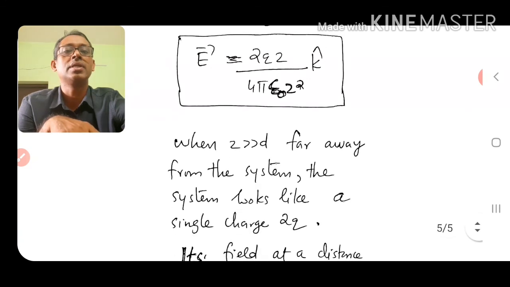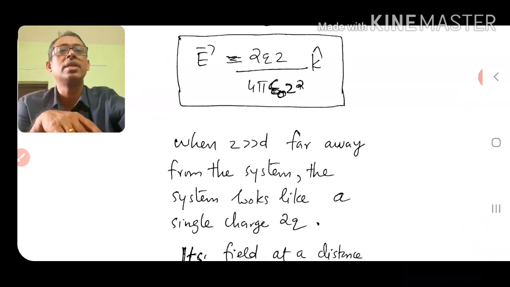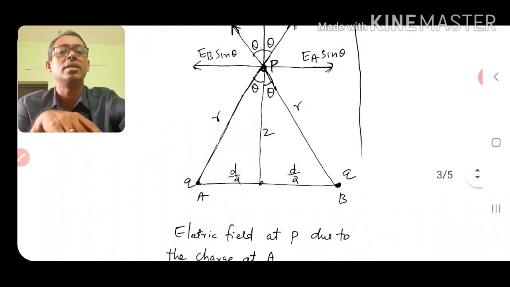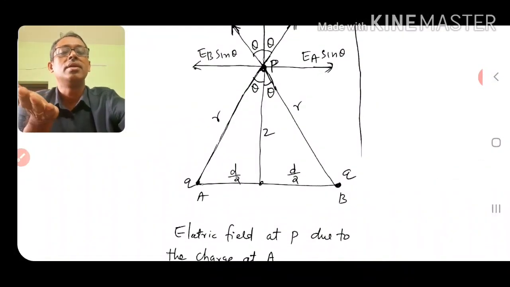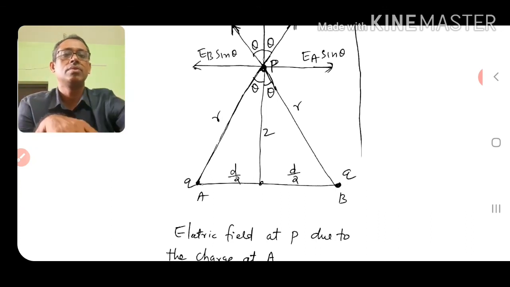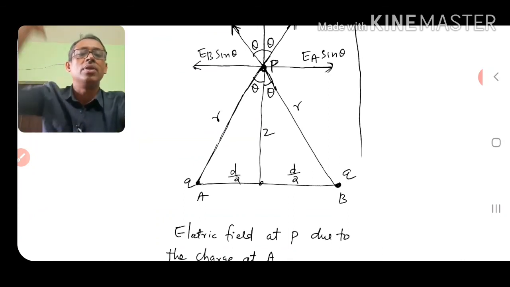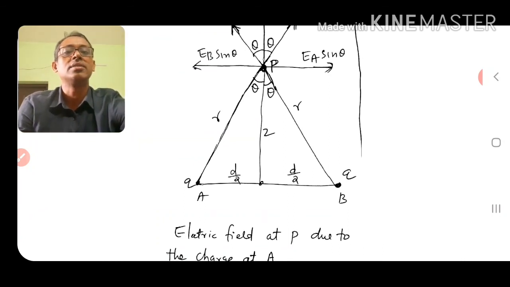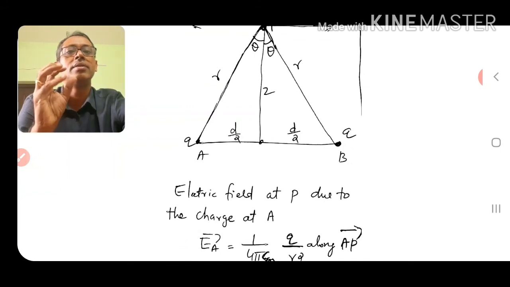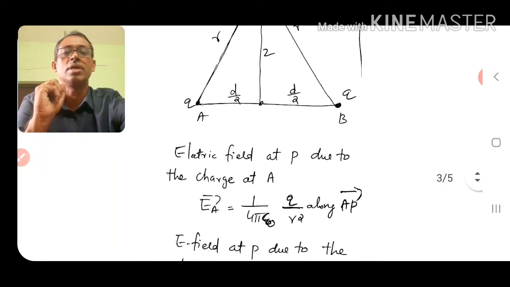So when z is much greater than d, this perpendicular distance is much greater than d, we are looking at the two charges from a very far away place above them. These two charges will look like a single charge of 2q, because the separation between them is very small.